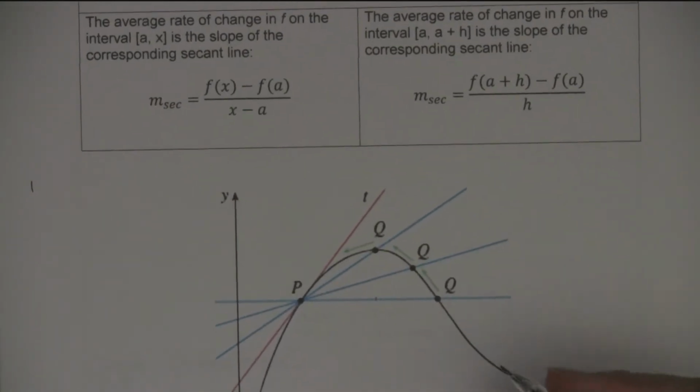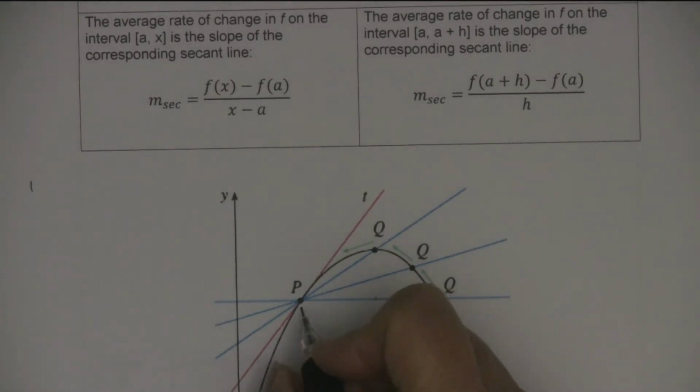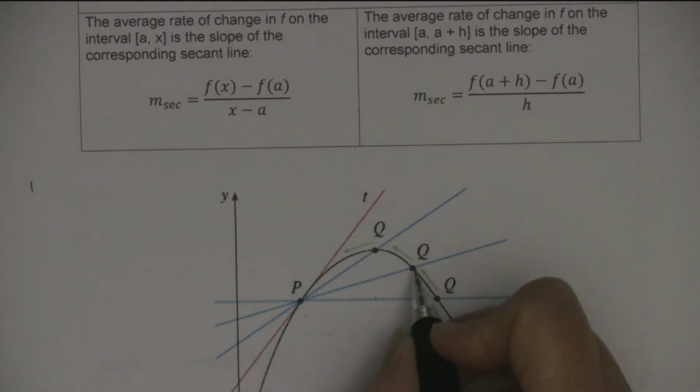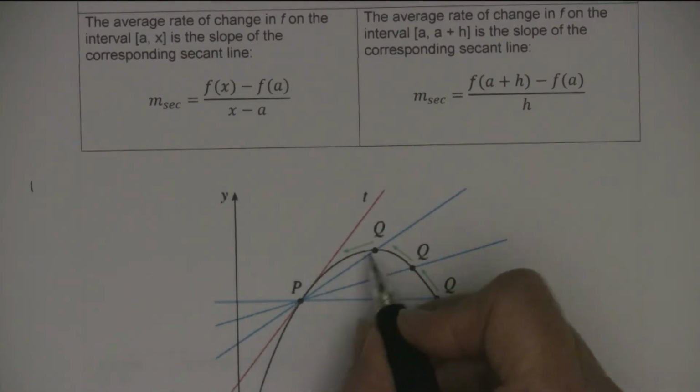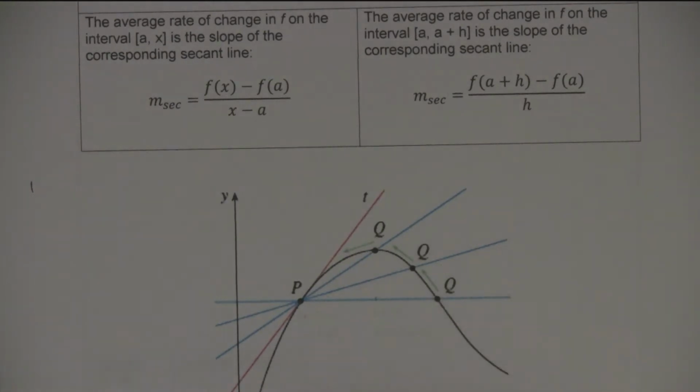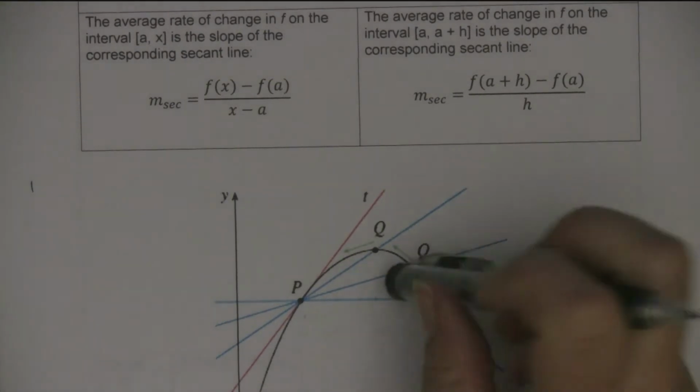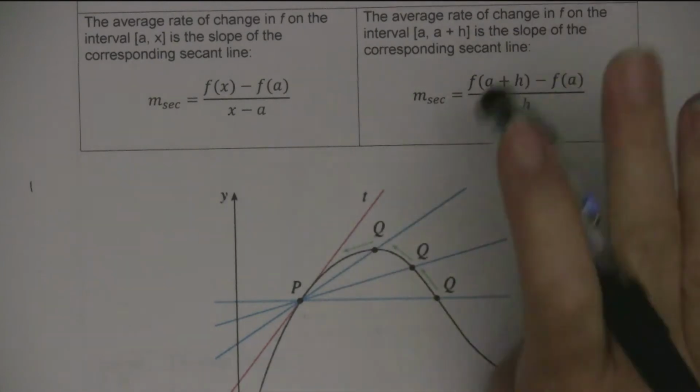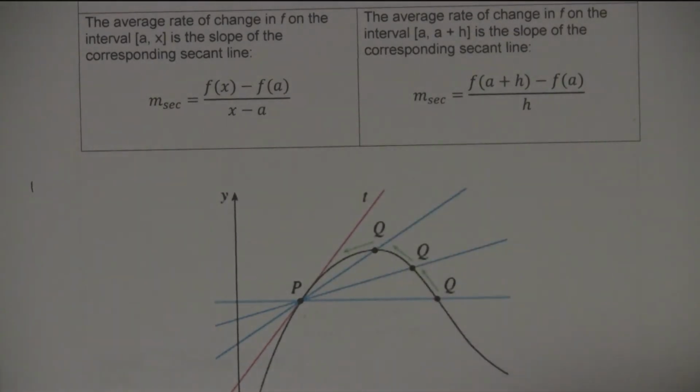And I just want to show you how it would look on here. So the secant line is the slope of the line that goes through P and Q, or P and Q here, or P and Q here. So there's all different secant lines and all different slopes that go with those secant lines.